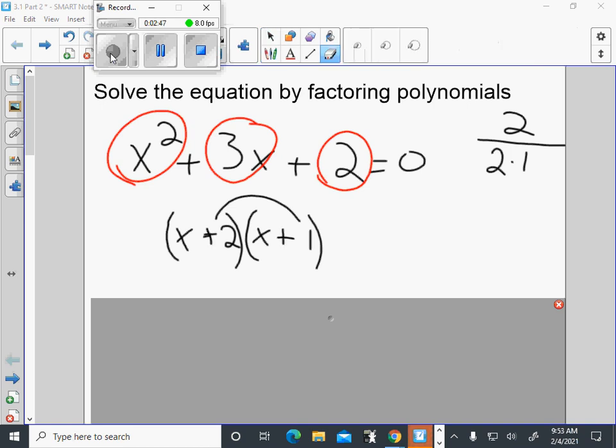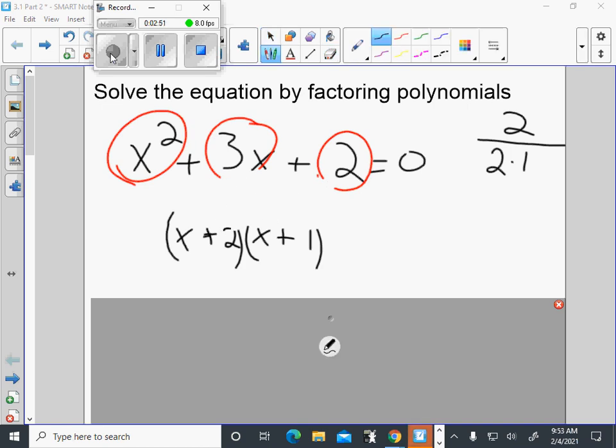Okay, and that middle symbol, whether it be a plus or a negative, comes from that 3x. We need it to be a positive 3x. We need this to be a positive 2 and a positive 1 because positive 2 plus positive 1 equals positive 3. Okay, now this is equal to 0.